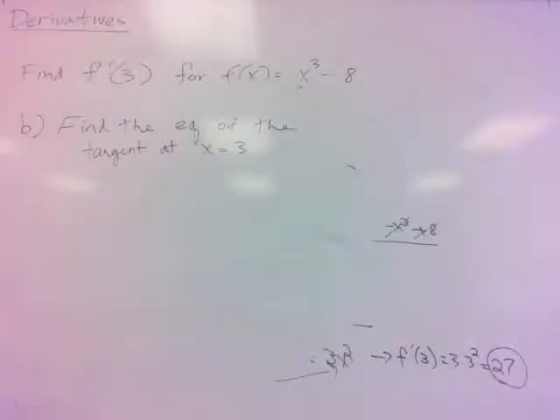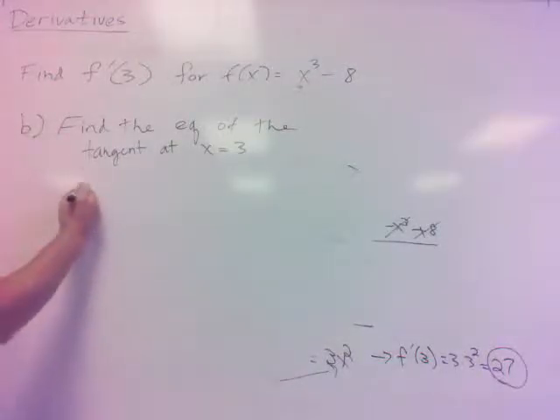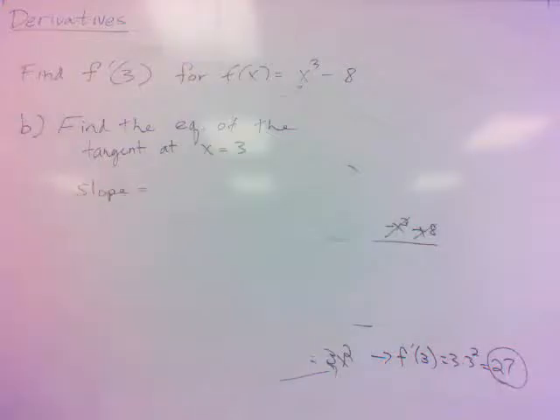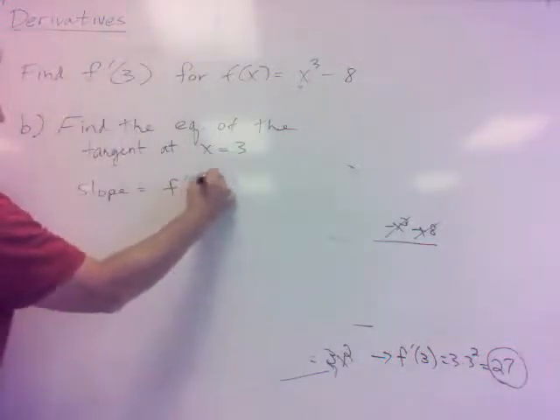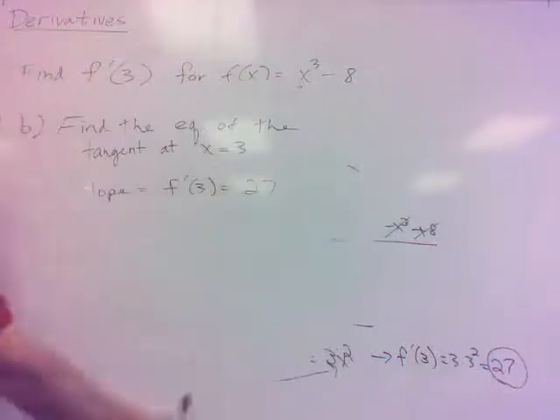Okay. How do I do that? Well, first of all, we're talking about a line, so what is the slope going to be of this tangent line? Isn't the slope going to equal the derivative at 3, which I just found to be 27? So this one's going to have a slope of 27.